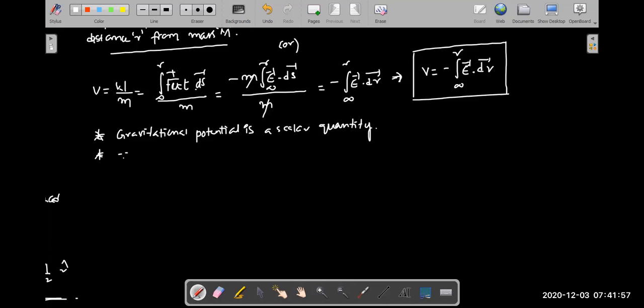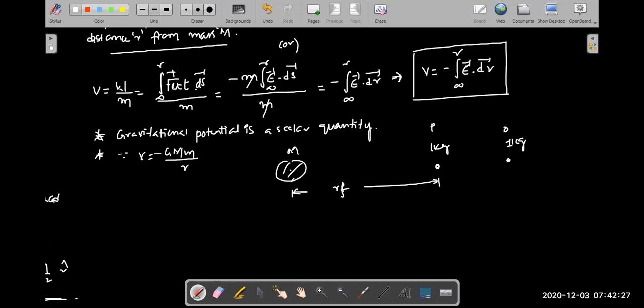No, sir. Since V is equal to minus G capital M small m by r, this is from infinity to point P. Had you brought a block of mass 1 kg from point O to point P, let's say this distance was r final, here you're bringing it inside, let's say this distance was r initial.